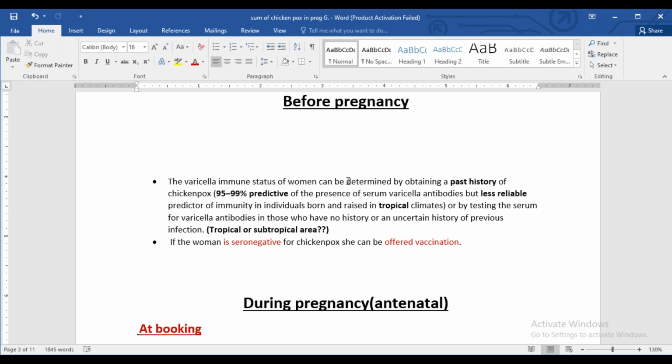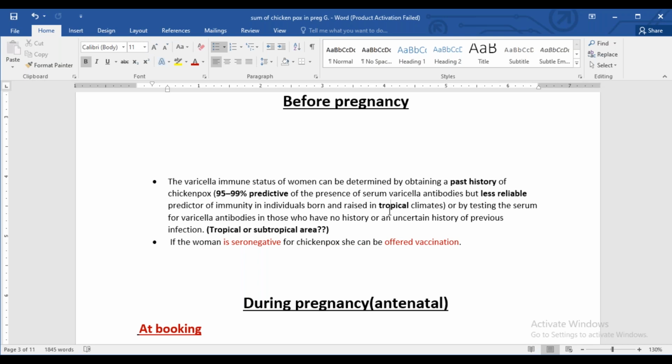But unfortunately, this evidence is less reliable on those patients who came, as I told you, from tropical climates and subtropicals. So you can't trust this history 100% on those kind of people.